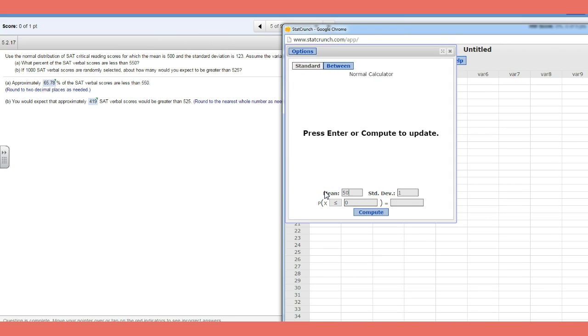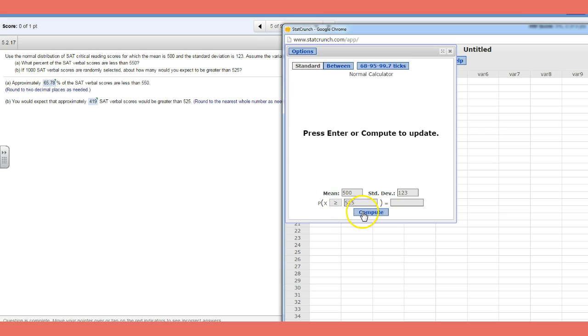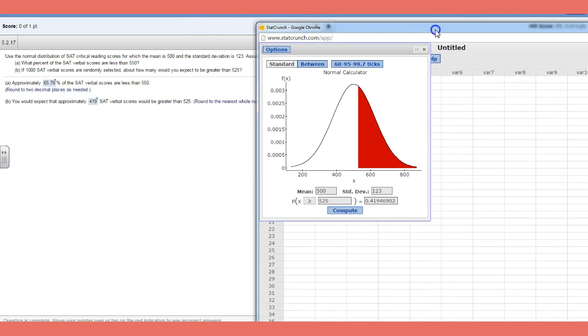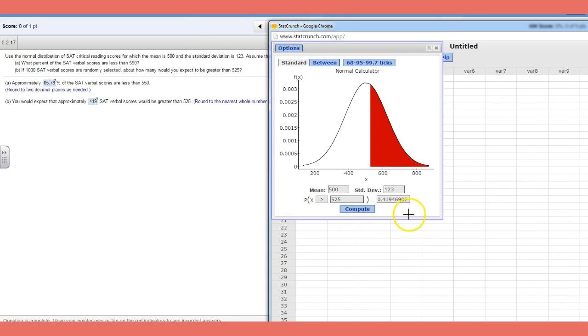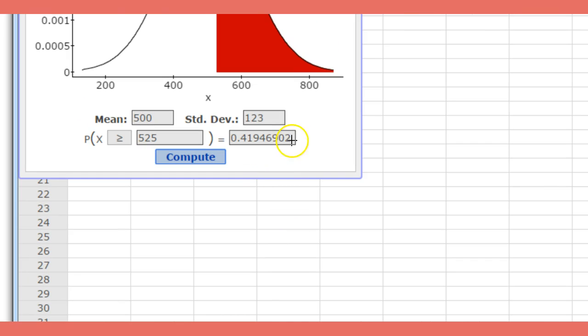My mean is 500, standard deviation is 123, and I'm trying to calculate what percentage of them would get greater than 525, and compute. When I compute, let me zoom this in really quick so you can see what's going on. When I found the area under the curve, I get 0.419464.